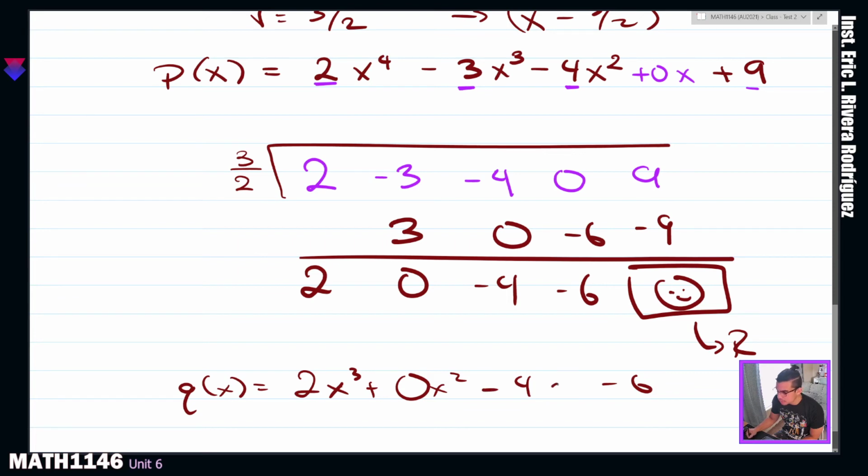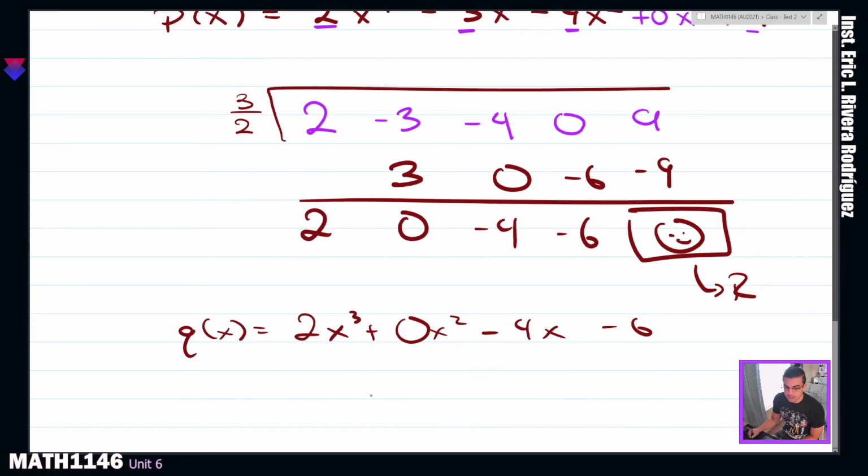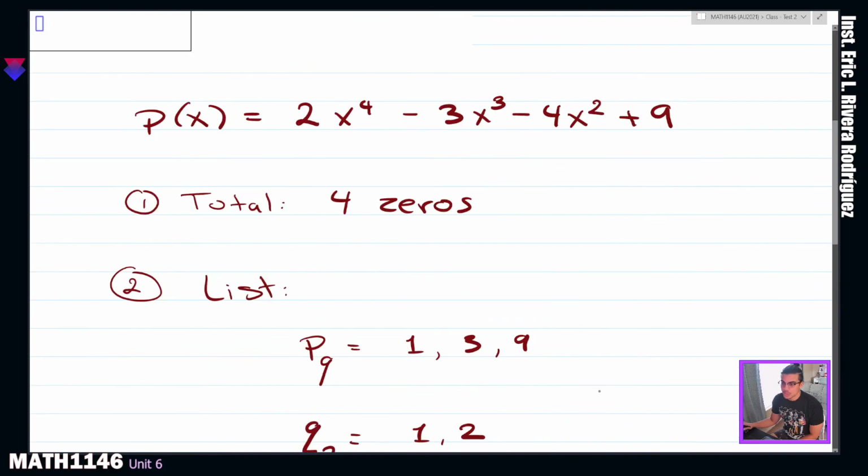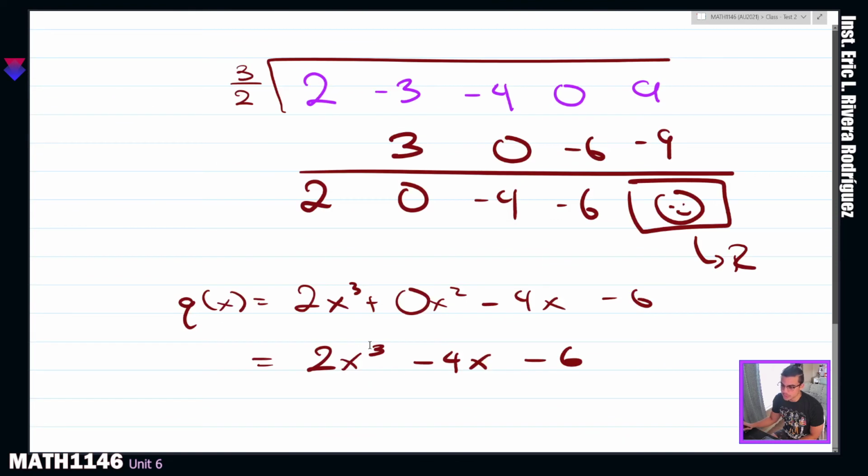So 2x^3 minus 4x minus 6. That's the depressed equation. The number of zeros it has is 3, because its degree is 3. We needed to find 4 zeros. We got 1, which is 3/2. So we need to find 3 more, and those 3 more are here.